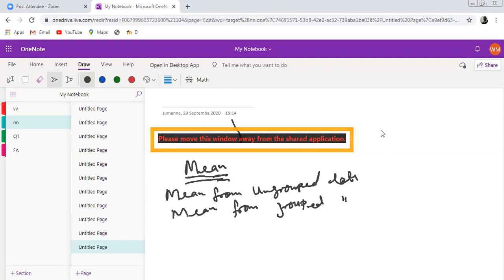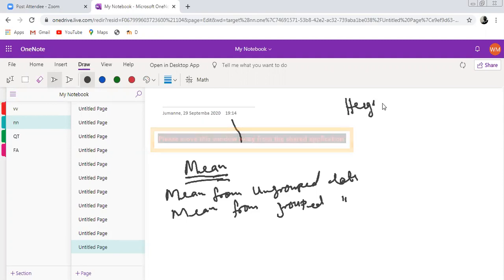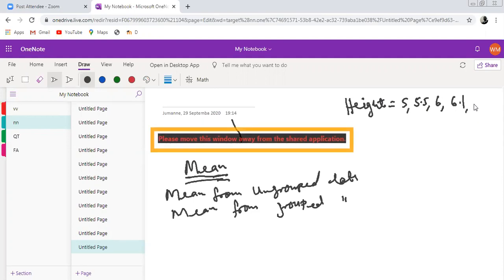For the ungrouped, you can have maybe the height of students in a class. It is maybe in feet, maybe it is given as 5, 5.5, 6, 6.1, and maybe 6.4. This is the height of students. Now you are told, find the mean height.